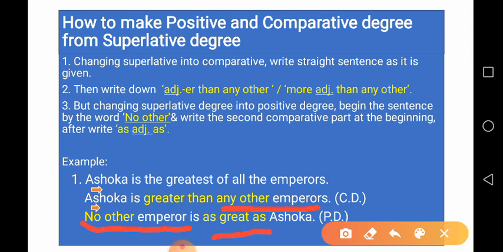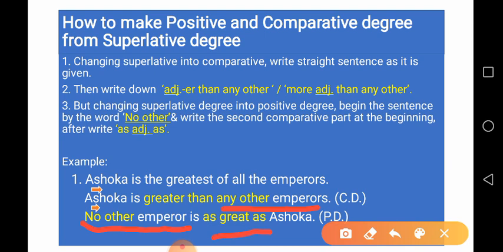After that we write adjective in as form. So, our positive sentence is no other emperor is as great as Ashok. So, remember the change while making positive from a comparative degree.